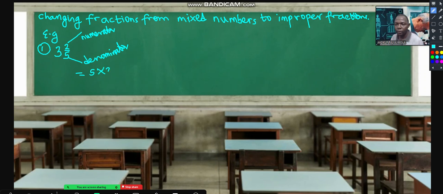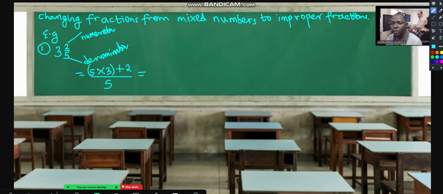Then you add the numerator, which is 2. Then you divide it over the denominator, which is 5. So 5 times 3 gives 15, and 15 plus 2 gives 17 over 5. And that was one of the questions we looked at before.